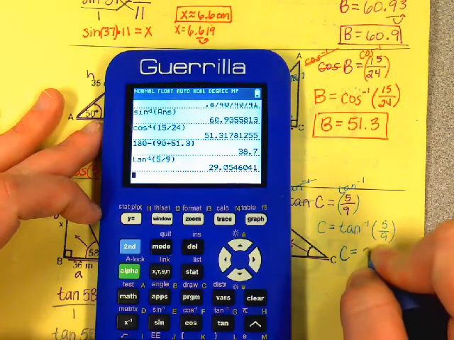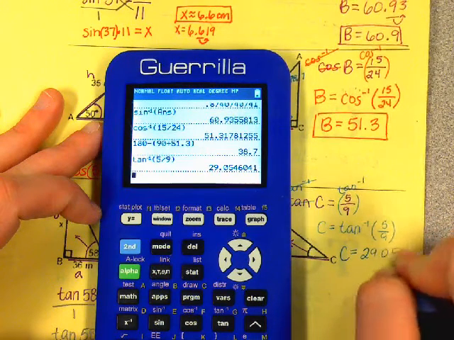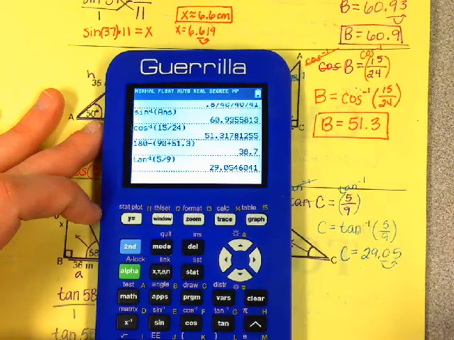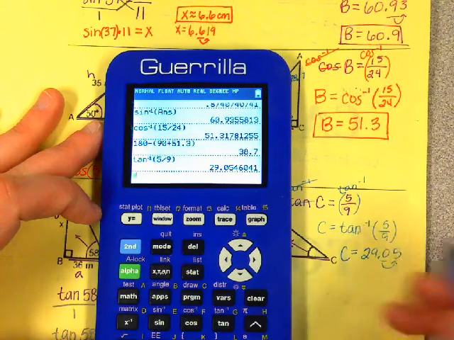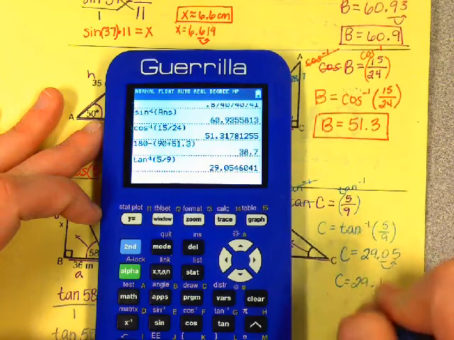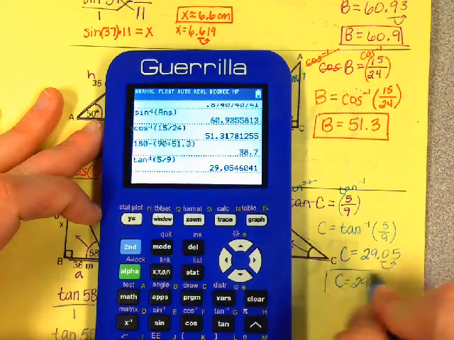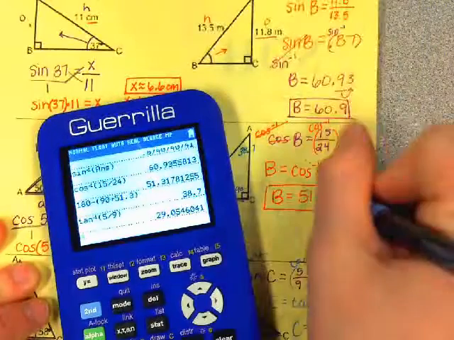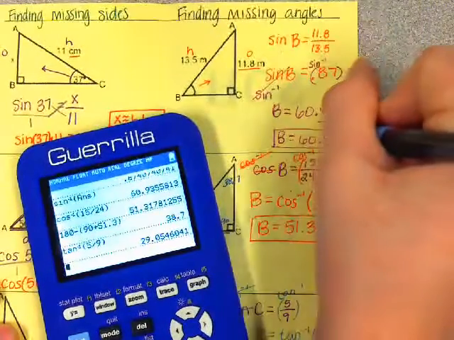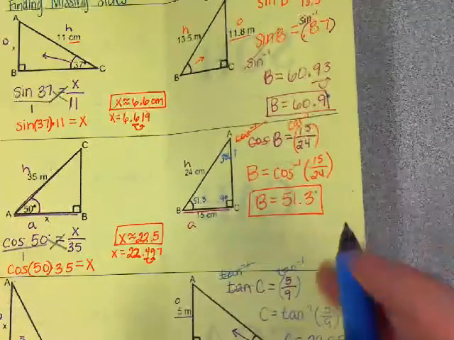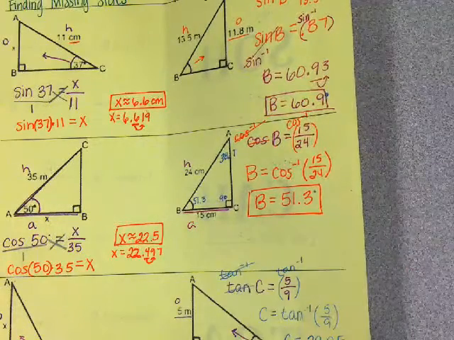So angle C is equal to 29.05. Again, look at the second number. That 5 makes the 0 round up to a 1. So it'd be 29.1 degrees. I should have put a degree sign on all of these. My fault. So just to show that the angle measure is that.